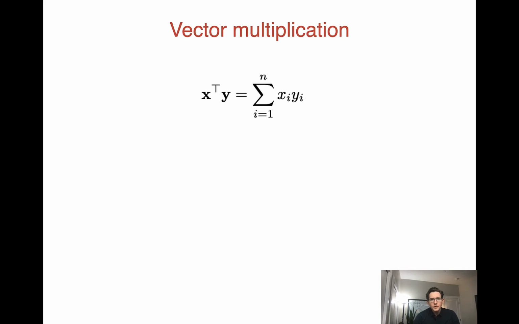What do we do with matrices and vectors? Well, one big thing we do is we multiply them. Okay, so if we multiply a row vector times a column vector, notice here we have x transpose. x is implicitly a column vector, so to turn it into a row vector, we have to transpose it. x transpose y is the sum from i equals 1 to n, where n is the number of dimensions of x and y, of xi times yi.